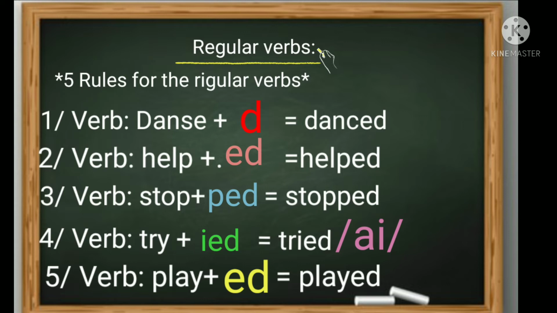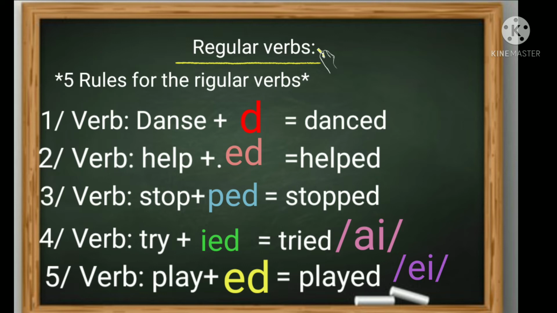And we have the verb play, which has the same letter Y as the verb try, but we don't sound it like I, we sound it like A. So when you sound any word like A, just add the ed and don't change the Y by another letter.